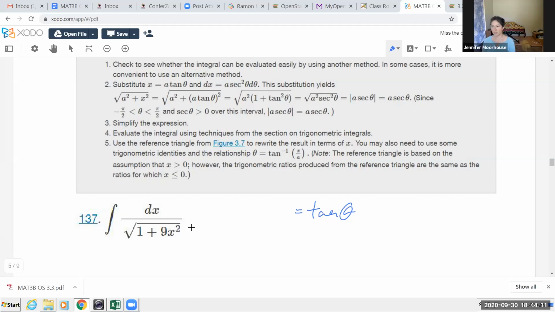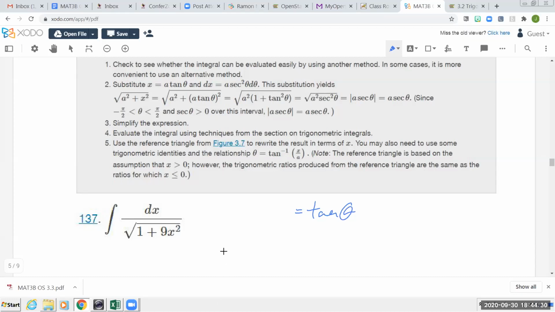Essentially the idea is that I want what's under the square root to be a 1 plus tan squared. That's the strategy. Oh, would x be 3 tangent theta?